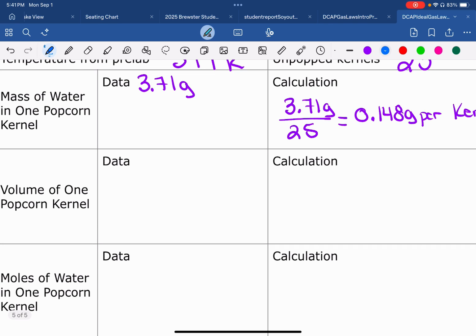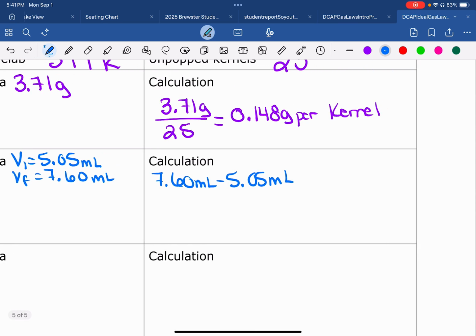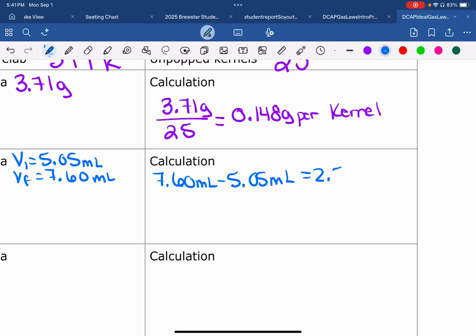Okay? My volume initial was 5.05. My volume final was 7.60. So 7.60 milliliters minus 5.05 milliliters equals 2.55 milliliters.